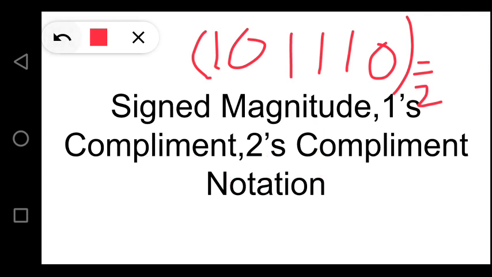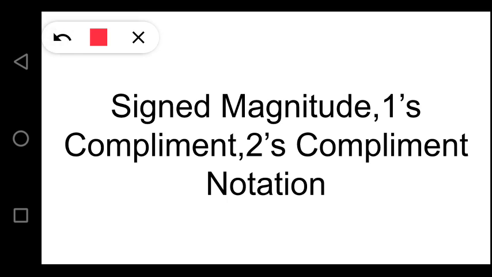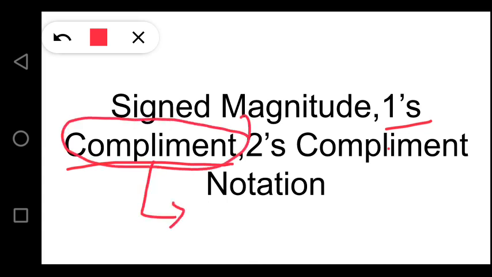I hope you are understanding this concept of conversion. Now let's move to 1's complement. In general, the meaning of complement is convert 1 to 0, 0 to 1. It is as simple as that.